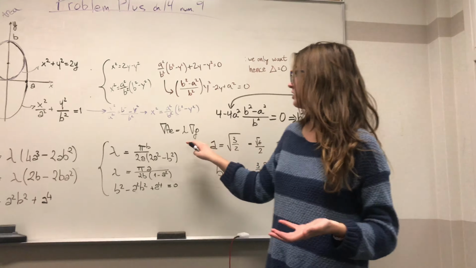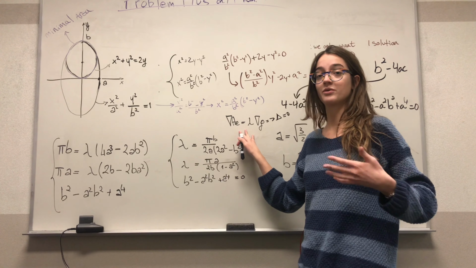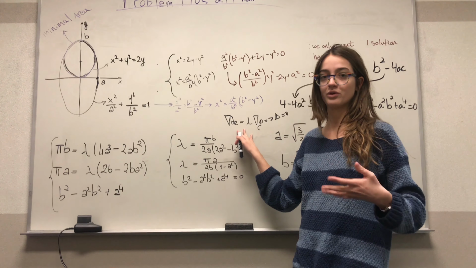Our objective formula here is going to be our delta, so we can just say that g is actually our delta equal to 0. So at this point, all we have to do is figure out the gradient of both our area of the ellipse, which is given by pi ab, and our delta. And we have to consider the gradient, so the partial derivative, both for a and b.